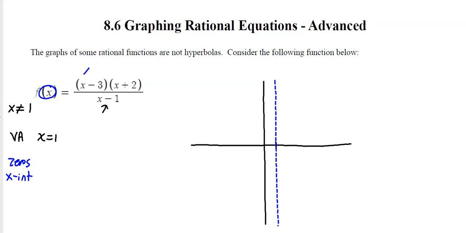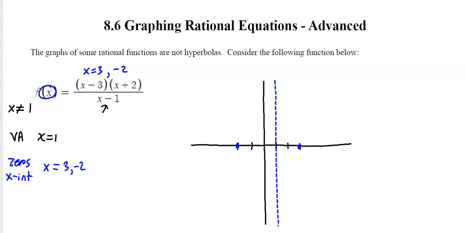It's going to be 0 when x equals 3 and when x equals -2. So I'm going to have zeros at x equals 3 and -2. I'm going to go to my graph and put in those x-intercepts at 3 and at -2.